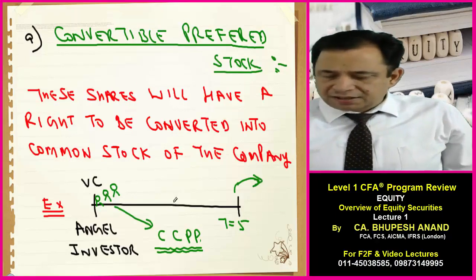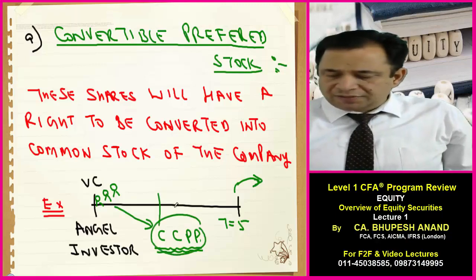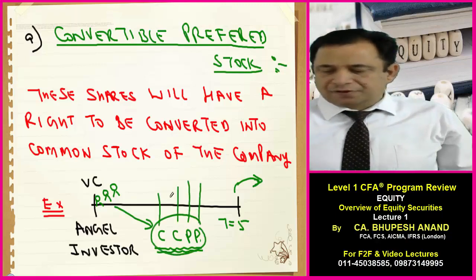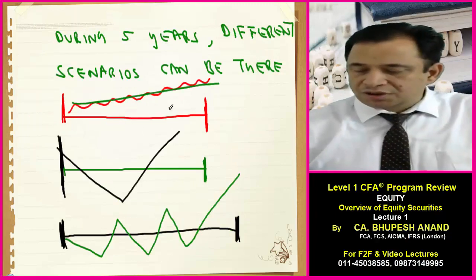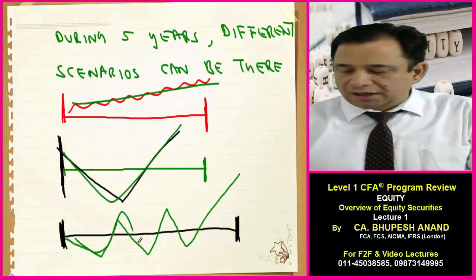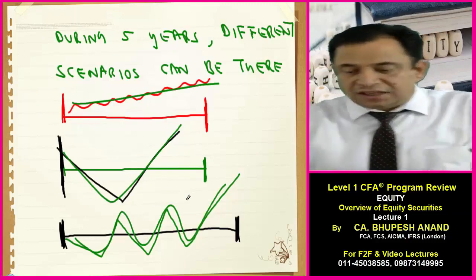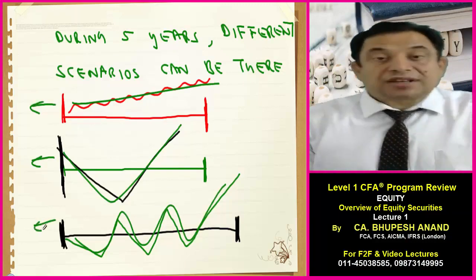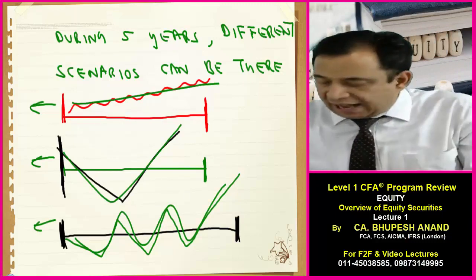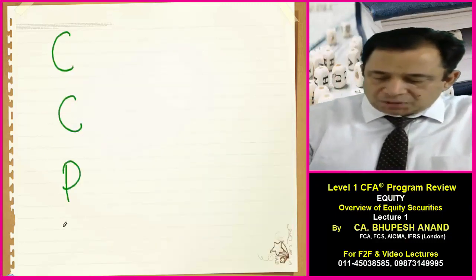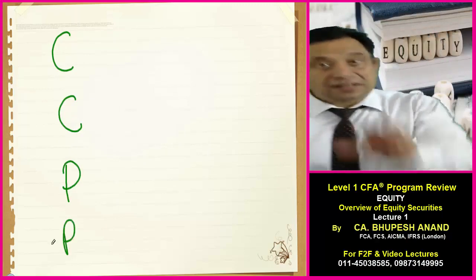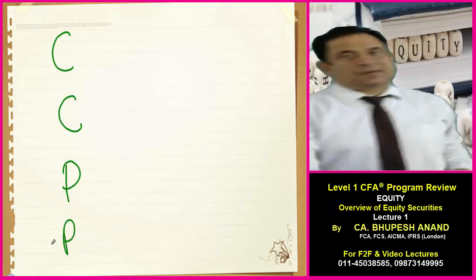But they are interested in having these types of shares: cumulative, convertible, participating preferred stock. During the 5 years the company can be in a growing stage or in a loss or profit stage. In all these scenarios they want to safeguard their interest, so they generally hold cumulative convertible participating preference stock. We will discuss this in detail at the time of alternate investments.